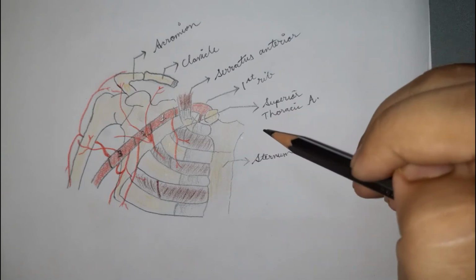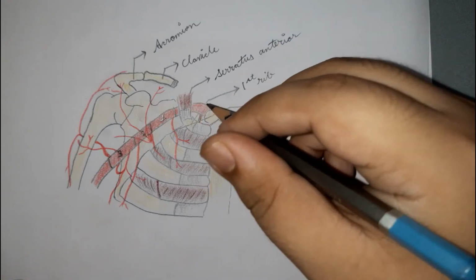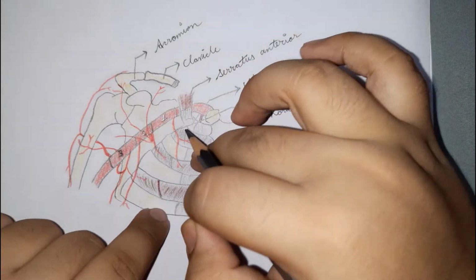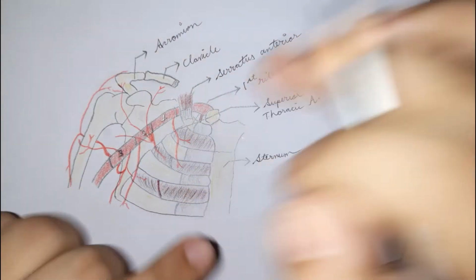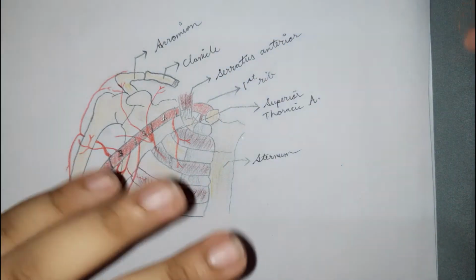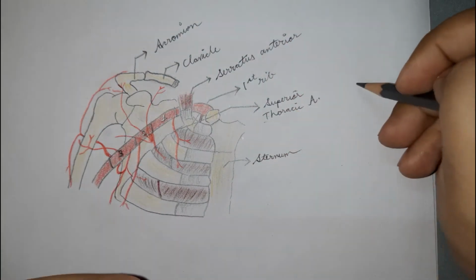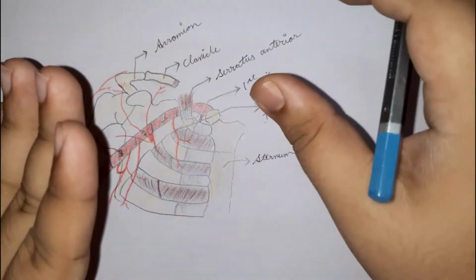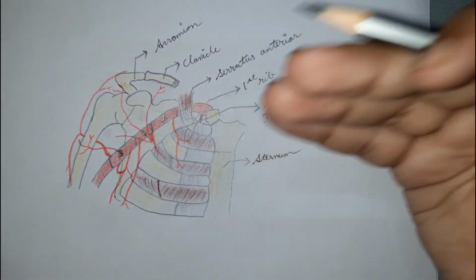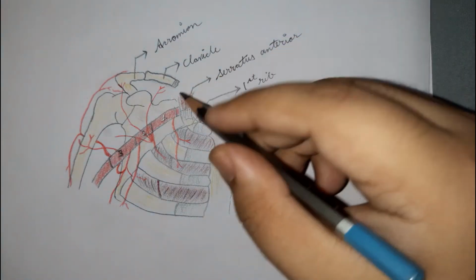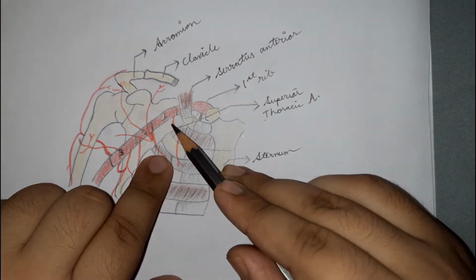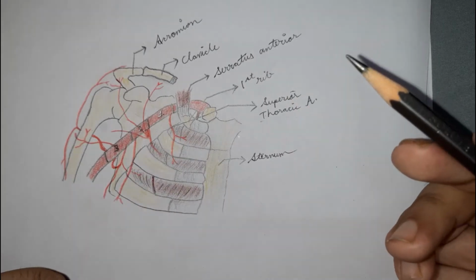Superior thoracic artery ends by supplying both the Pectoralis Major and Pectoralis Minor. That is the only branch of the first part. So pretty simple. Done.